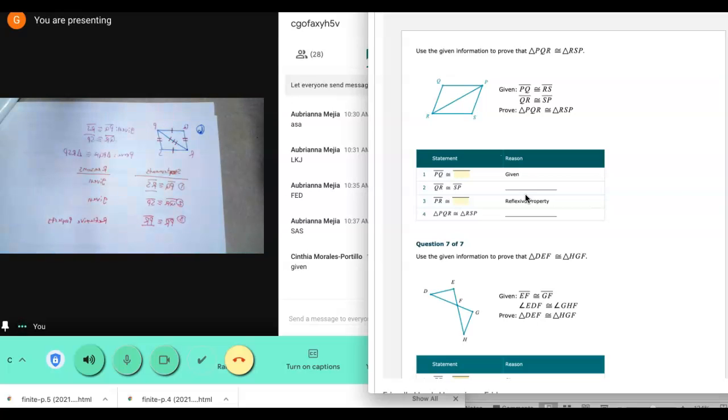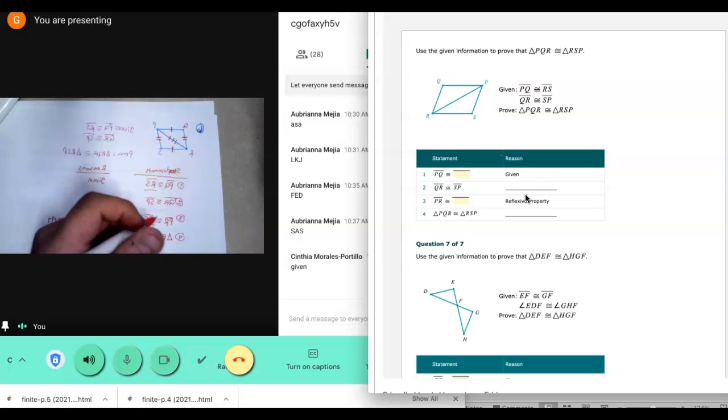And then the last one, triangle PQR is congruent to triangle RSP. Well, look at this triangle, right? There is a congruence theorem that proves these 2 triangles are congruent. I don't know if any of you guys here know which congruence theorem would prove these 2 triangles are congruent, or anyone online.